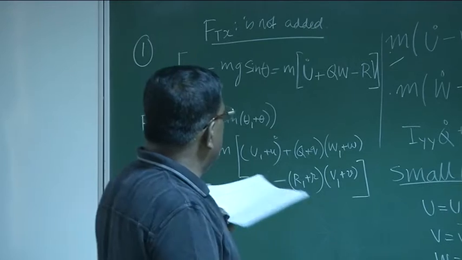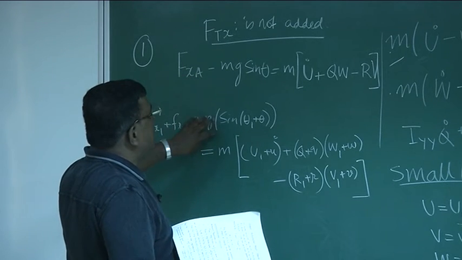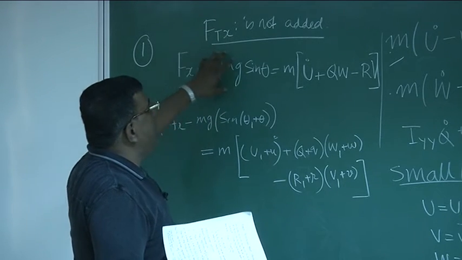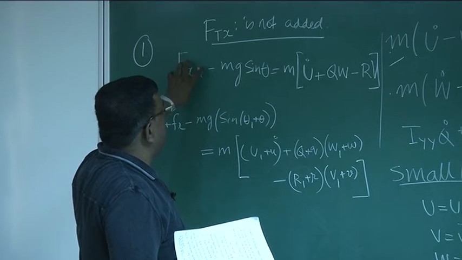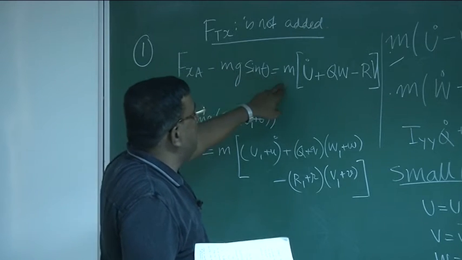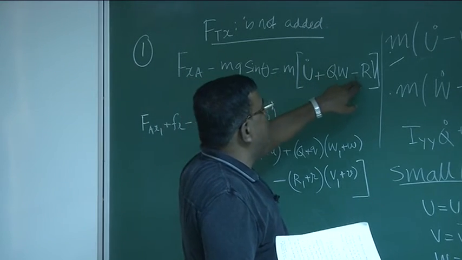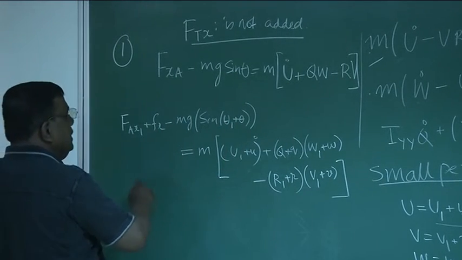Right? This is the equation when we have introduced perturbation. Meaning thereby, the airplane was moving so that at steady state, Fax1 minus mg sine theta 1 equals m times u1 dot plus q1 w1 minus r1 v1. That was the condition at steady state.